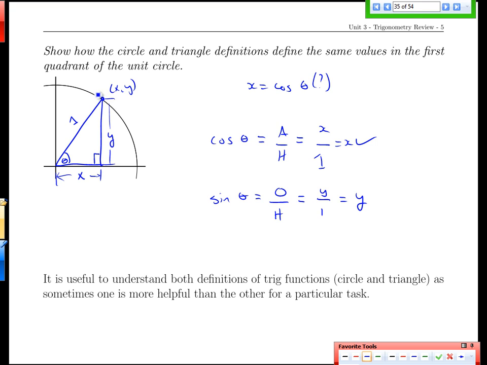So whatever point we're at on the circle, the x and y coordinates can also be determined by the cos of the angle from the x-axis, and y can be computed from sine of the angle from the x-axis. So they are interchangeable definitions, especially in the first quadrant when everything's positive, and the circle definition lets us use negative values without getting into weird, what does that negative length on a triangle mean for us.